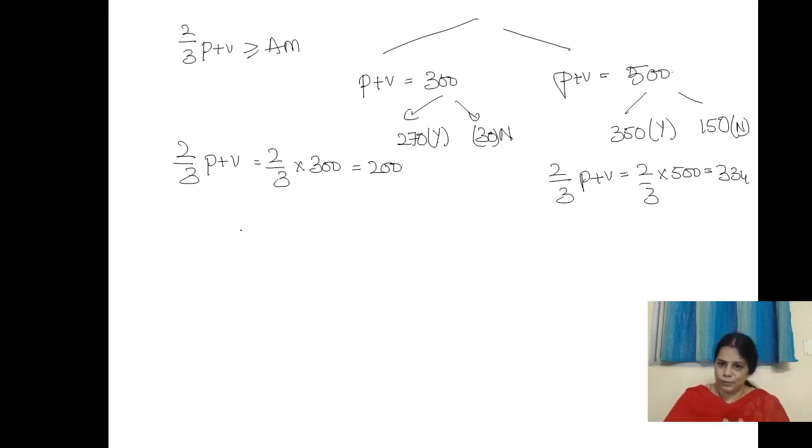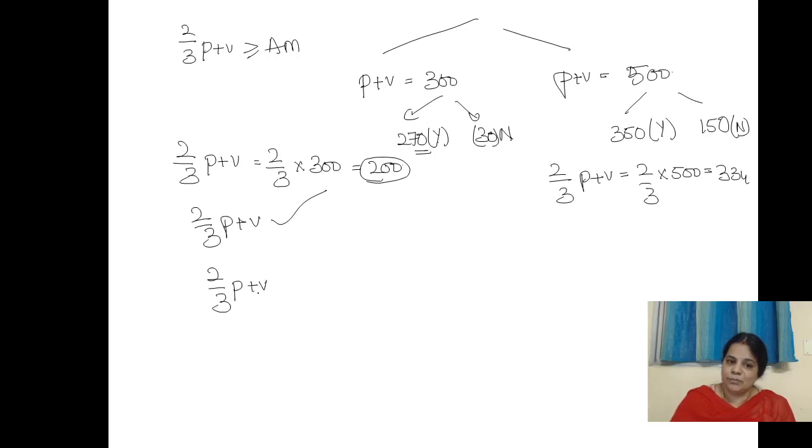Now the problem here is, in this case we want at least 200 people to say yes, but 270 people have said yes, which means 2/3 present and voting is passed. But we have a problem. The problem is 2/3 present and voting, the number itself should be greater than or equal to 273, but unfortunately 200 is less than 273. Therefore, this is not approved.